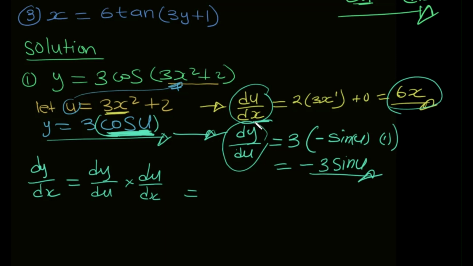What is dy/du? It is minus 3 sine u, multiplied by du/dx, which is 6x, and eventually this becomes minus 3 multiplied by 6.